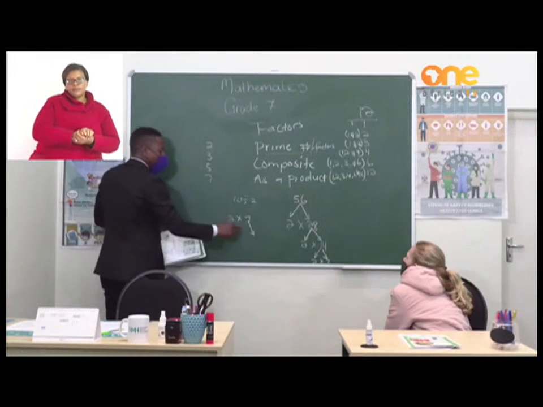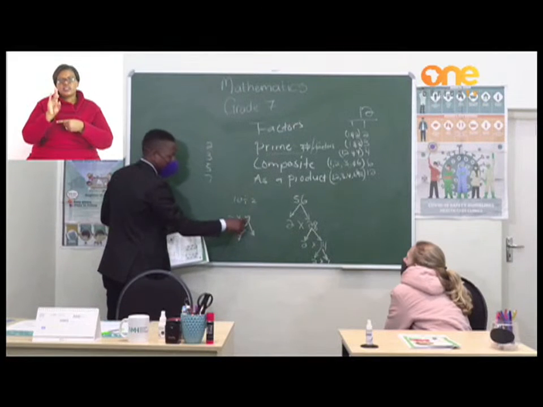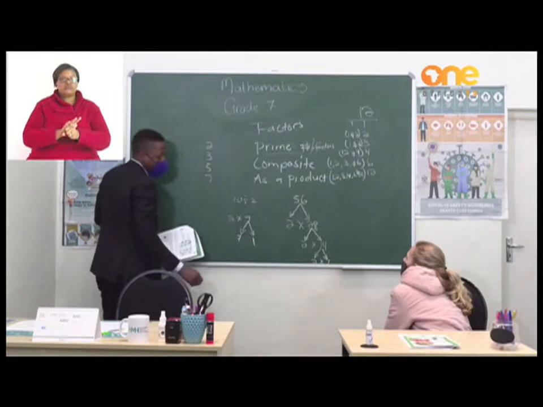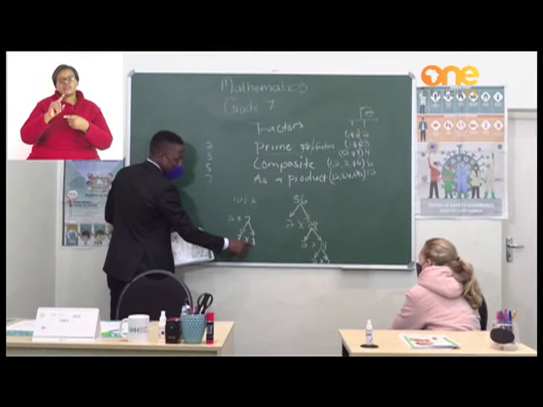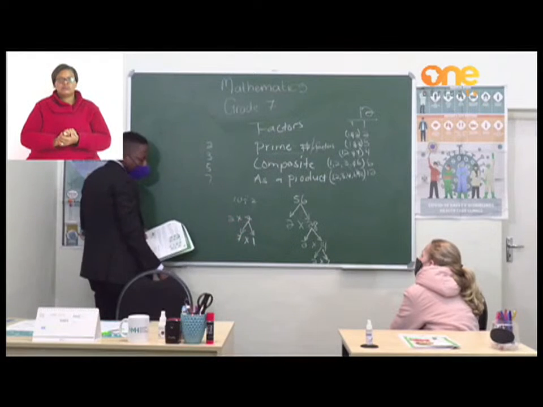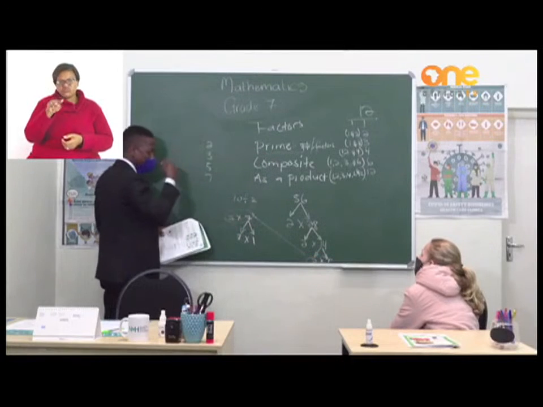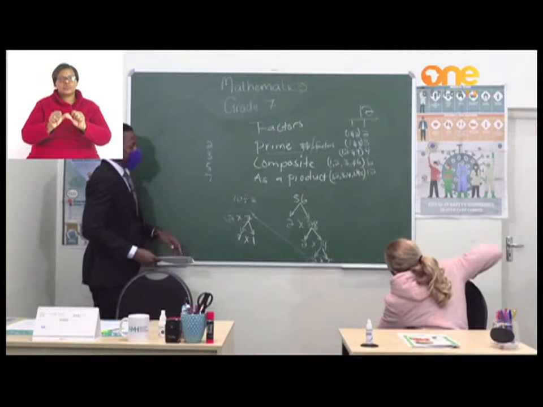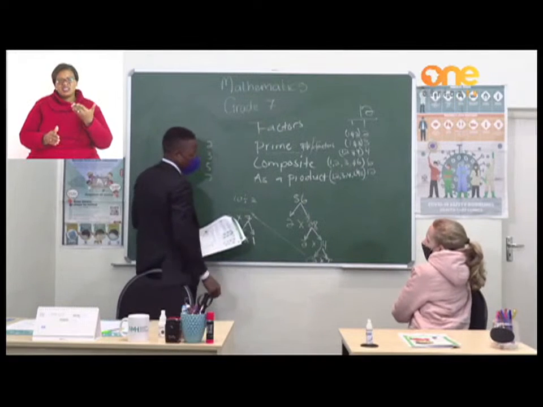So if I divide by 7, 7 goes into 7 one time. And if I multiply 7 times 1, I'll get 7. This is just the same as that. I just wrote it because you need to see how you have to go down. So this is a method which is called a factor tree.